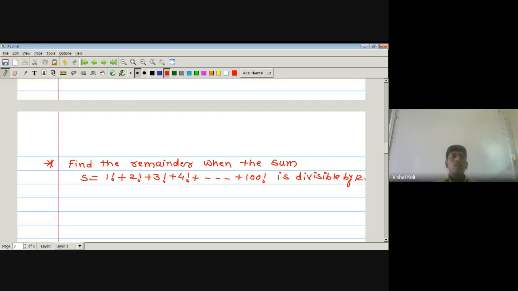So here we have to find the remainder when the sum S, which is 1 factorial plus 2 factorial plus 3 factorial up to 100 factorial, is divided by 12. Okay, let us see its solution.